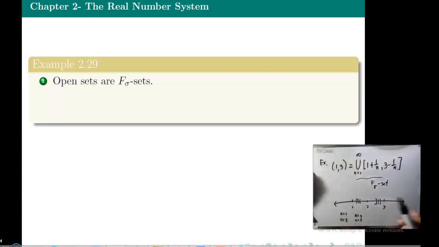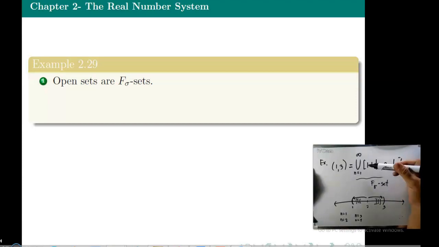Now, as you can see, the sequence of these sets is increasing. The left endpoints move toward 1 and the right endpoints move toward 3. If we take the countable union of closed sets, we get open at 1 and open at 3. Why do we not include 1 and 3? Because as n approaches infinity, 1/n approaches 0, but it will never be equal to 0.